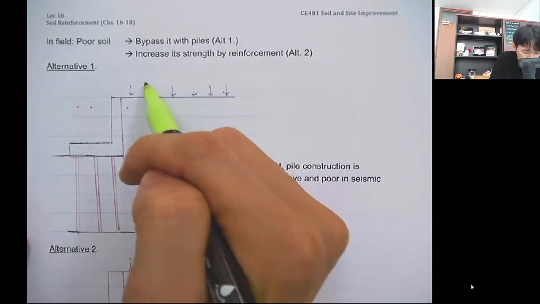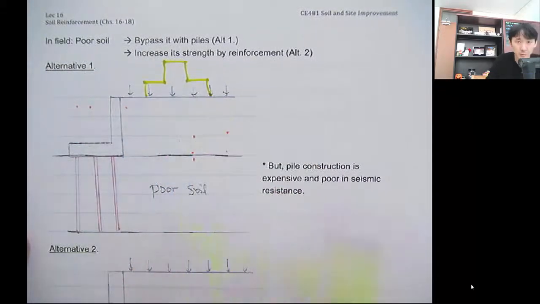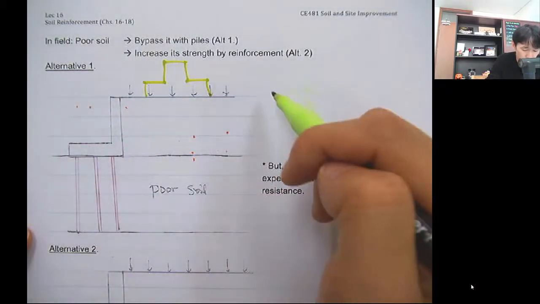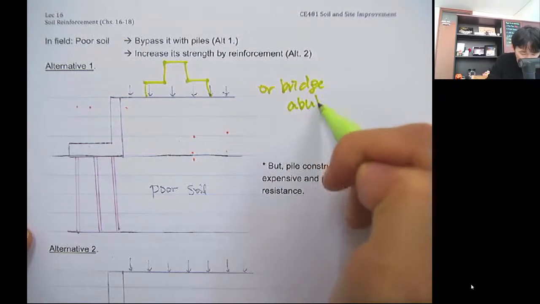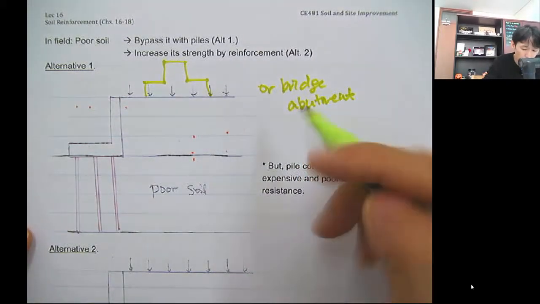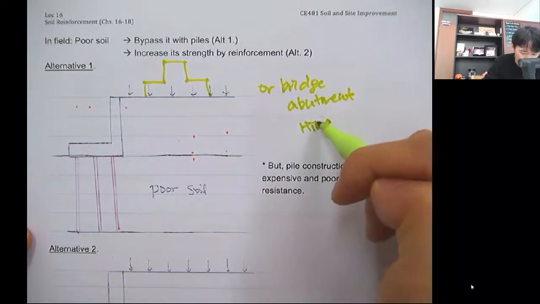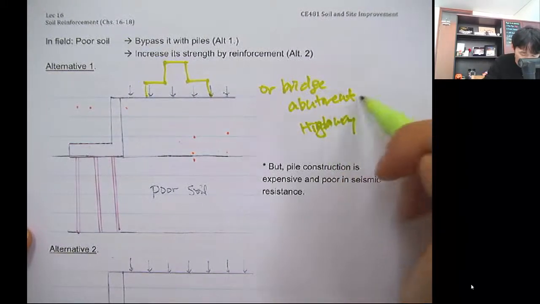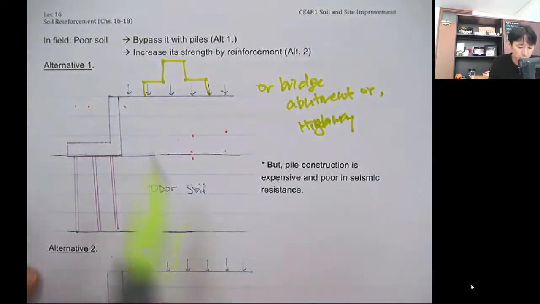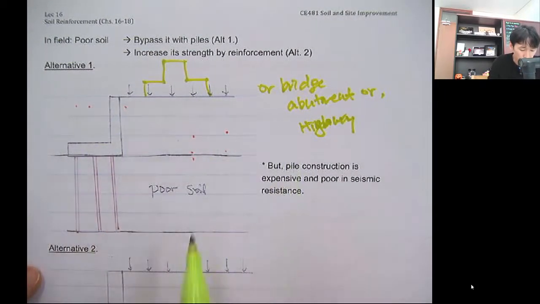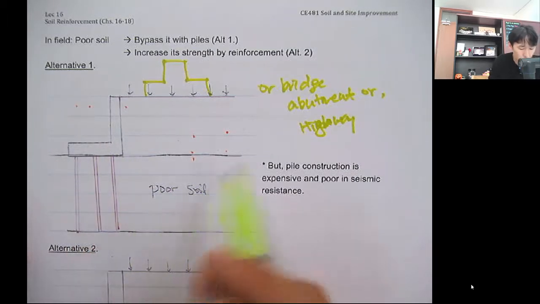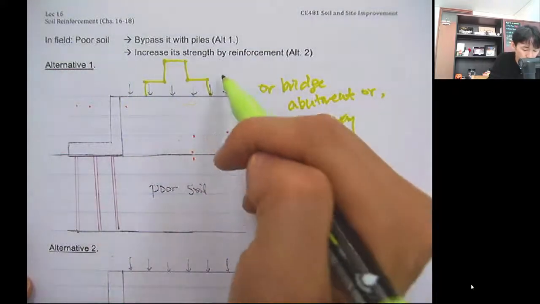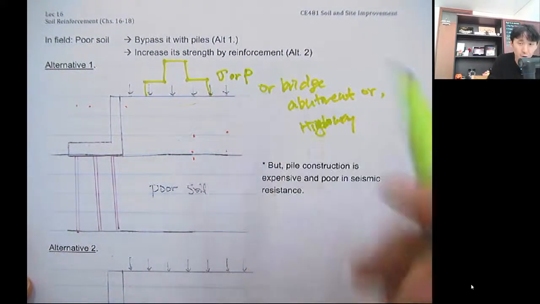So here you can maybe have some foundation, or you may build some bridge abutment, or highway, so there could be any kind of structure on it. Then you have a retaining wall, and the soil has to have some strength to resist this stress or pressure.